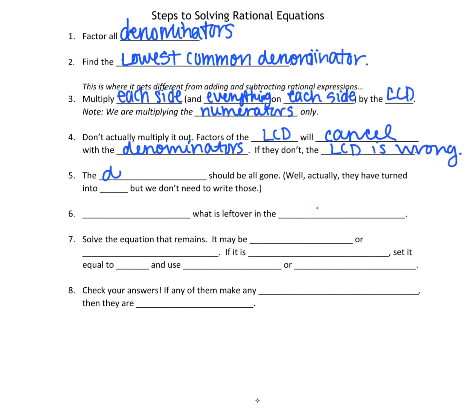The denominators should be all gone. Well, actually, they have turned into ones, but we don't need to write those. Okay, after that, you are going to multiply what is left over in the numerators.